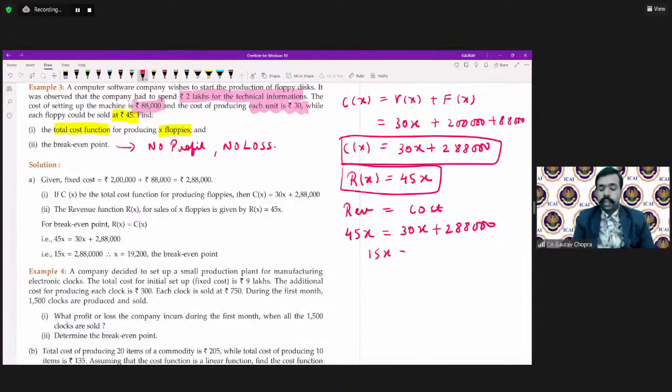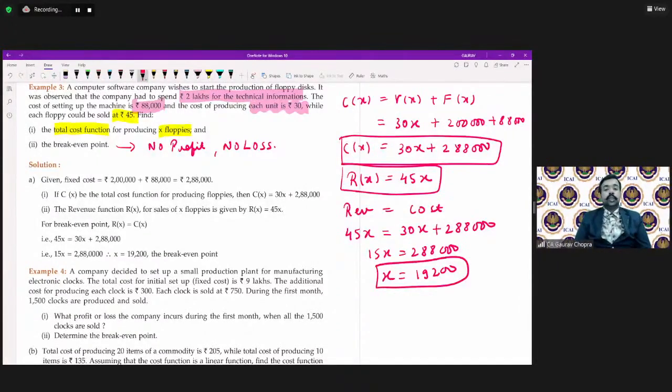From this, we can find out the quantity, that is the value of x. It is coming 19,200. So if we produce 19,200, that will be the break-even point, that means no profit, no loss. If we produce less than 19,200, there will be loss. If we produce more than 19,200, there will be profit.